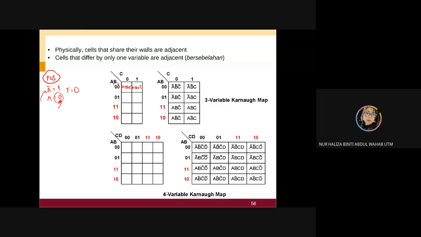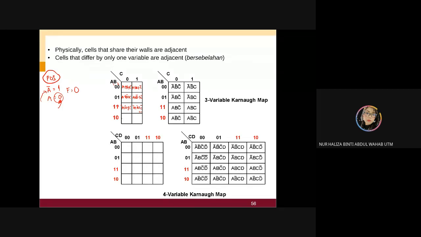And next cell, you're going to see A is 0 plus B is 1 plus C is 0. Over here, you have A is 0, B is 1 plus C is 1. Again, over here you have all 1 for A and B: A bar plus B bar plus C, where C is 0. And at this cell, all 1, 1, 1, so we will get A bar plus B bar plus C bar.